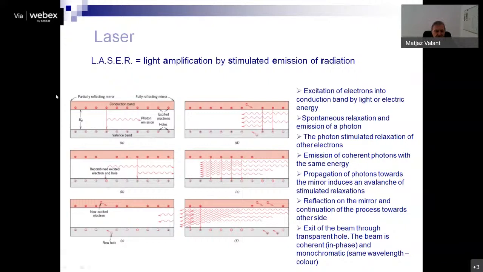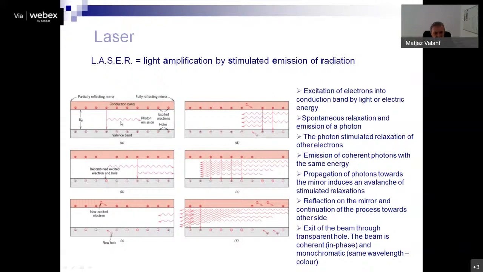So initially we need to have some excitation energy. Lasers are plugged into electricity, yeah? And we excite some initial electrons over the band gap. When this is done, what follows is relaxation of this excited electron down and emission of a photon.